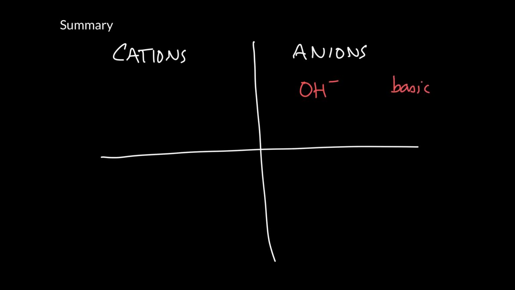On the other side, cations are going to be acidic. And the way to remember that is the hydronium ion is the classic ion that lowers the pH and makes a solution more acidic. So I think that's an easy way to remember whether you've got an acidic or a basic ion. Now, if your cation comes from a strong base, it is going to be neutral.